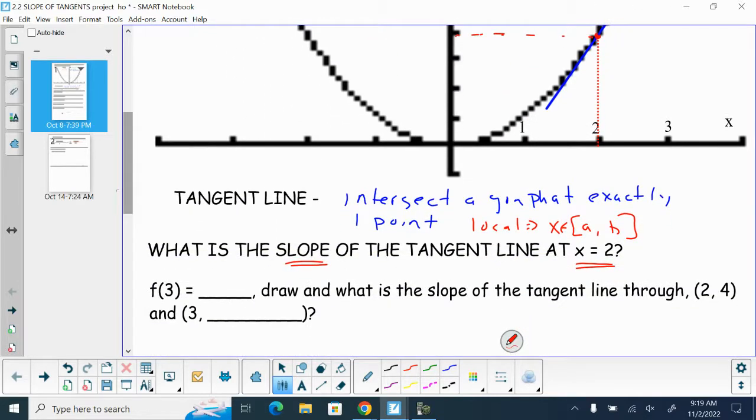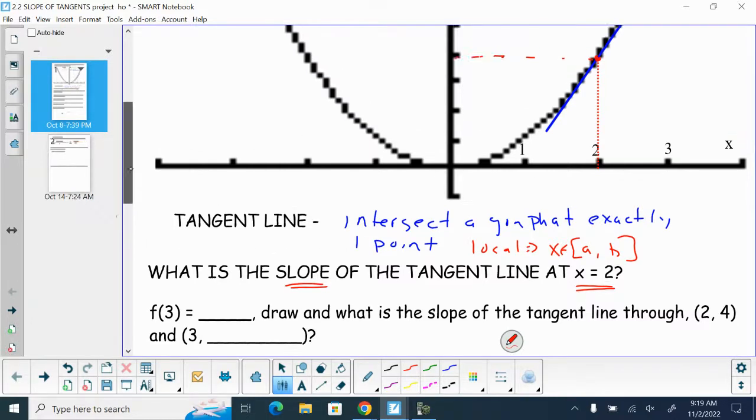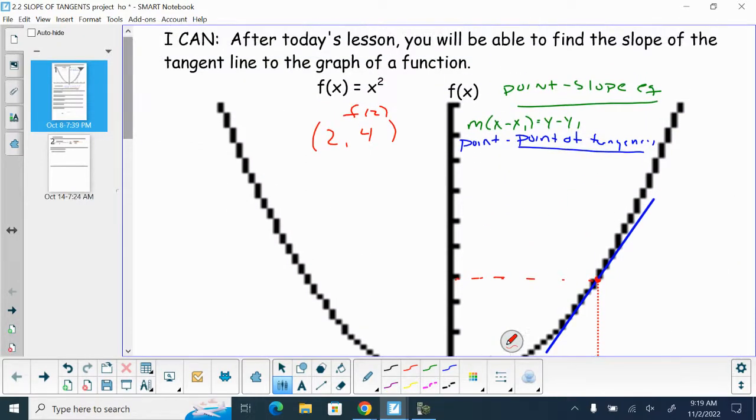Well, if we take a look, for us to find the slope, our slope is defined just as delta y over delta x. That's how we determined our slope of a line, which is y2 minus y1 over x2 minus x1.